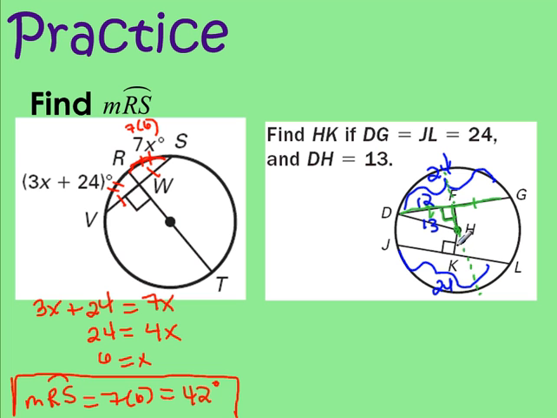I also know that these segments have to be congruent to one another because of another one of our theorems that said that if two chords are congruent, then they're equidistant from the center of the circle. So if I can figure out what FH is, then I know what HK is. And I can figure out what FH is by the Pythagorean theorem. So I'll set that up and say 13 squared is equal to 12 squared plus, I'm just going to call it FH squared.